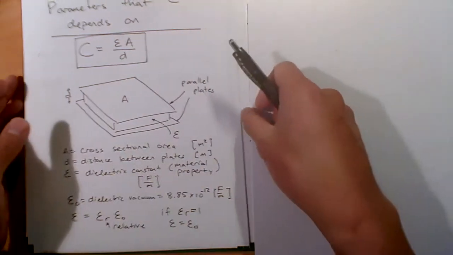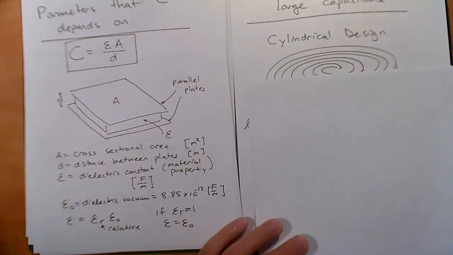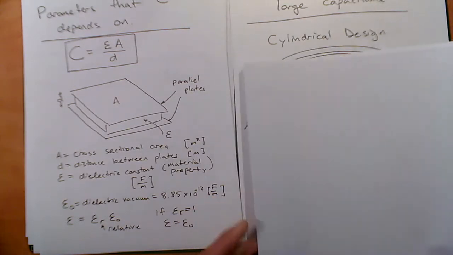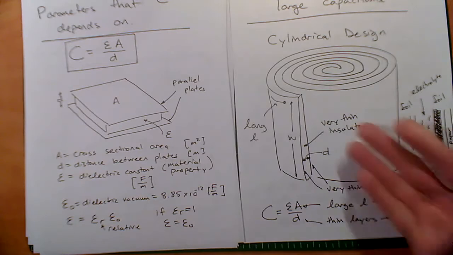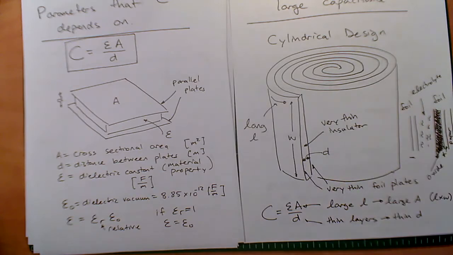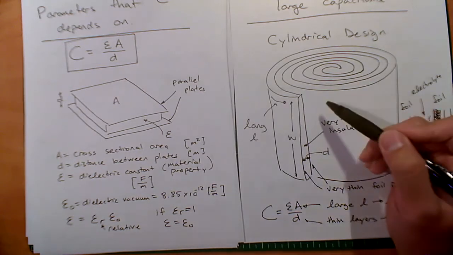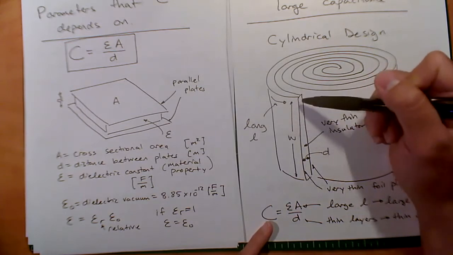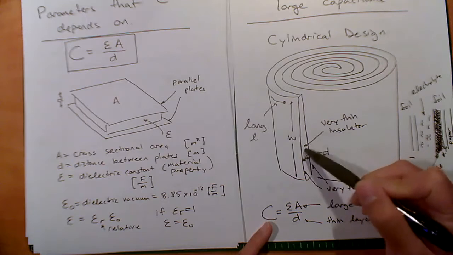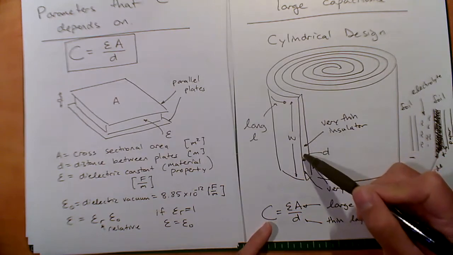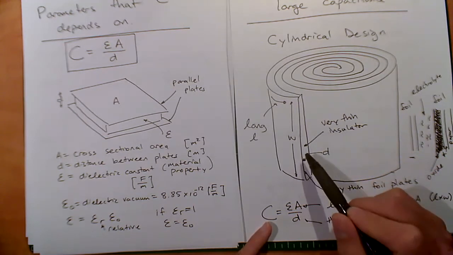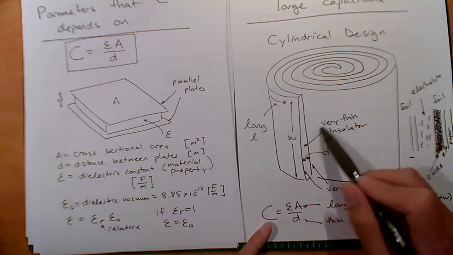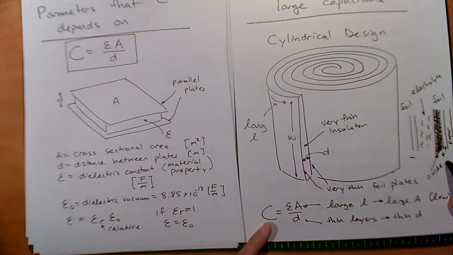Okay, good. All right, so how do they get these large capacitors? Well, here's an example of a cylindrical design that is a very common shape. What they do is they have almost two layers of foil and then a very thin, paper-like insulator in between, right? And so it's just an electrolyte, so here's a cross-sectional area.